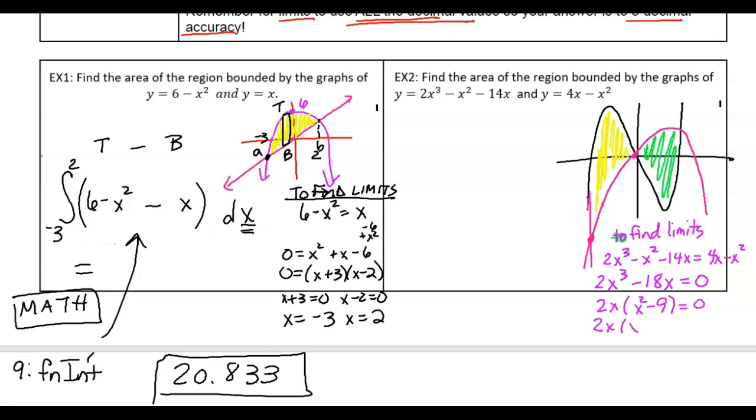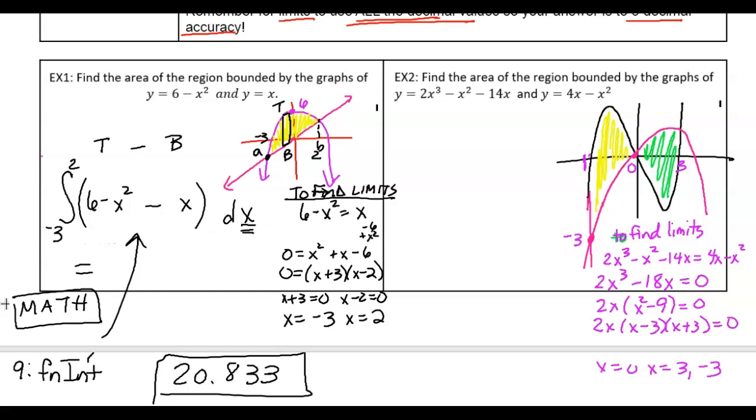So 2x, x minus 3, x plus 3, these are perfect squares. So x equals 0, x equals 3, x equals -3. So -3 for x, it is the x-axis, 0, and this would be a +3. Okay, you can find that with the graphing calculator.